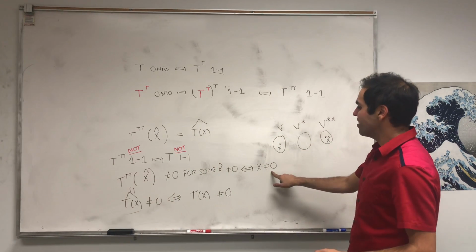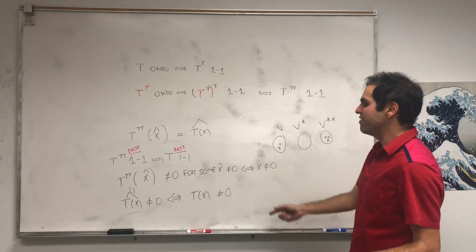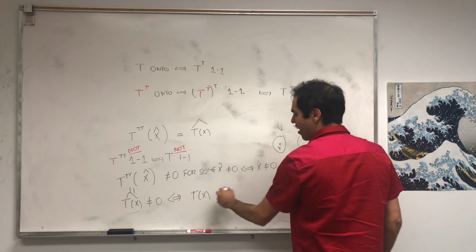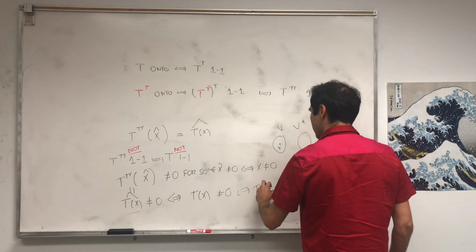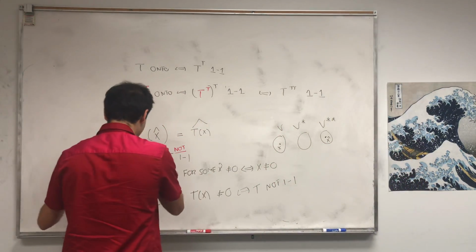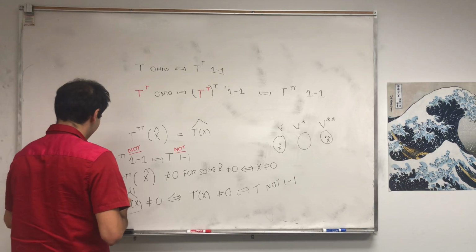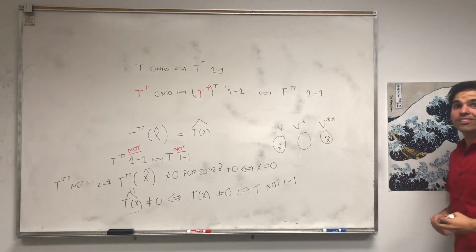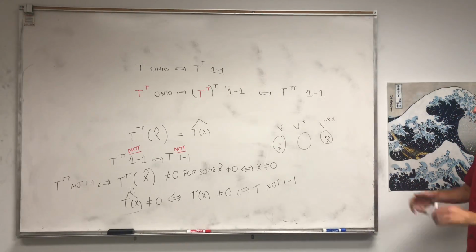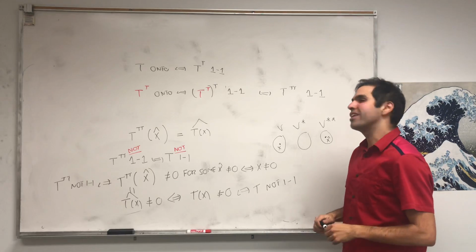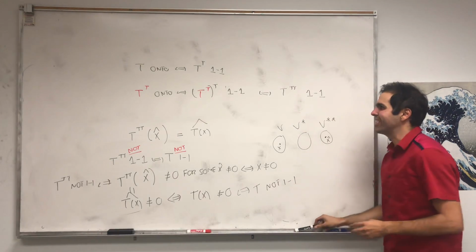So what we get, x not equal 0 is equivalent to T of x not equal 0. So in particular, this means T not 1-to-1. And this is equivalent to T transpose transpose not 1-to-1. So at least with this identification, it is true that T transpose transpose not 1-to-1 is equivalent to T not 1-to-1. And maybe there's an infinite dimensional way of doing this, but I think this is the nicest way.